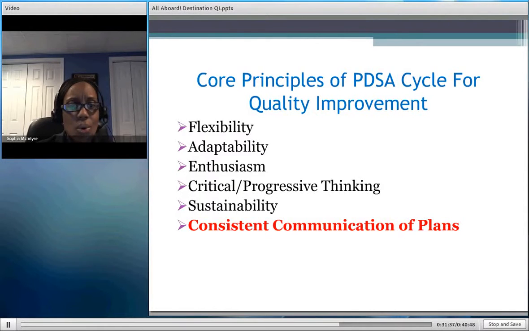And also it's critical that you have progressive and critical thinking. Progressive meaning an openness to change your normal practice styles. Open to the possibility of doing something completely different. So maybe when patients first come into the room, they're not just seeing the medical assistant. Maybe they're going to go to the lab first and get their blood work drawn.